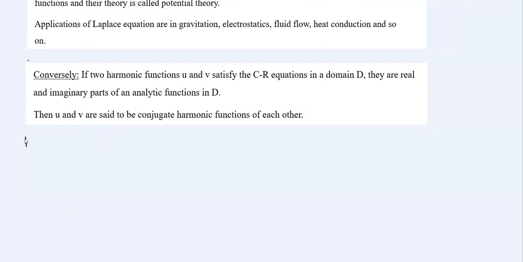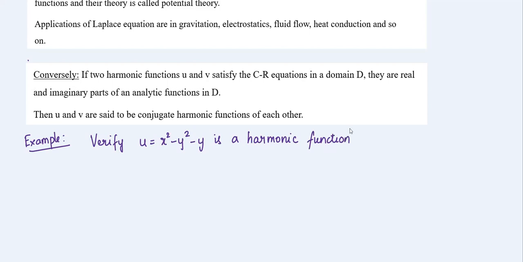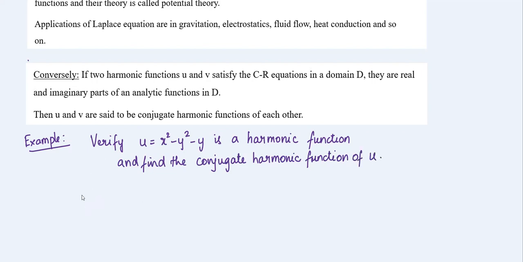So, example: verify U is equal to x square minus y square minus y is a harmonic function, and find the conjugate harmonic function of U. To verify, what do we have to check?